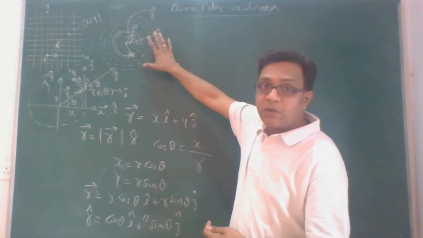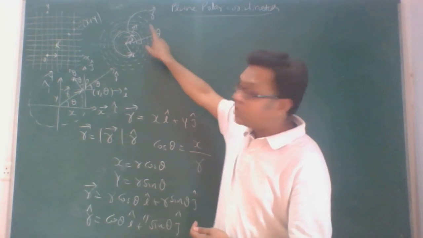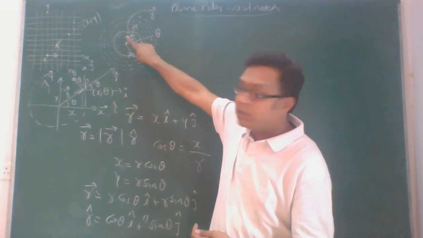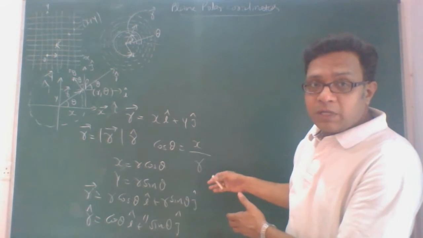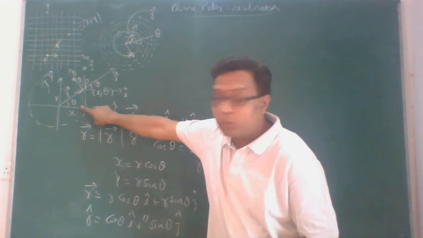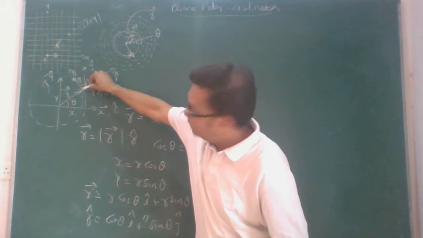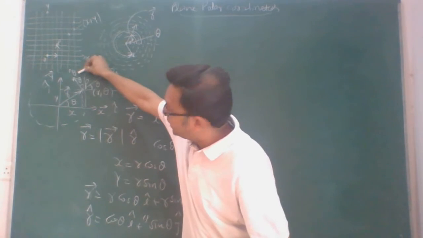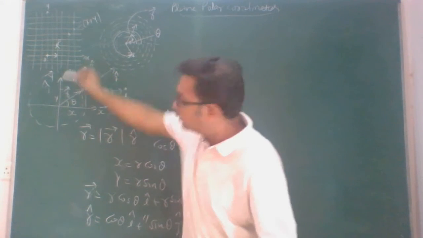So in this system, r is changing radially, theta is changing tangentially. So do we know theta here? Theta is already shown, and the direction of this theta change is nothing but tangential, which you can see using this arrow. I have shown here theta cap. Theta cap is nothing but the direction of theta change.